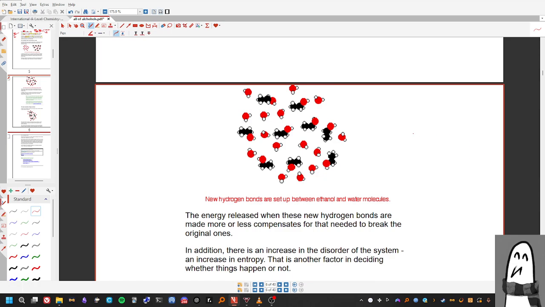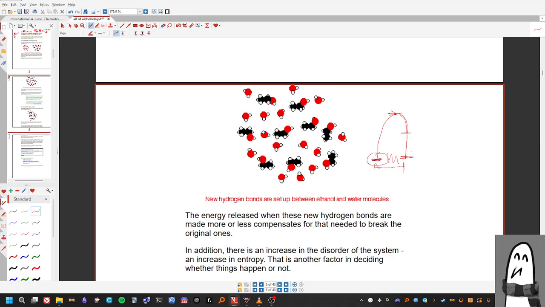Meaning, this is the original state, and the activation energy to break the bonds, and the amount of energy released will bring them down to more or less the same level as the previous one.